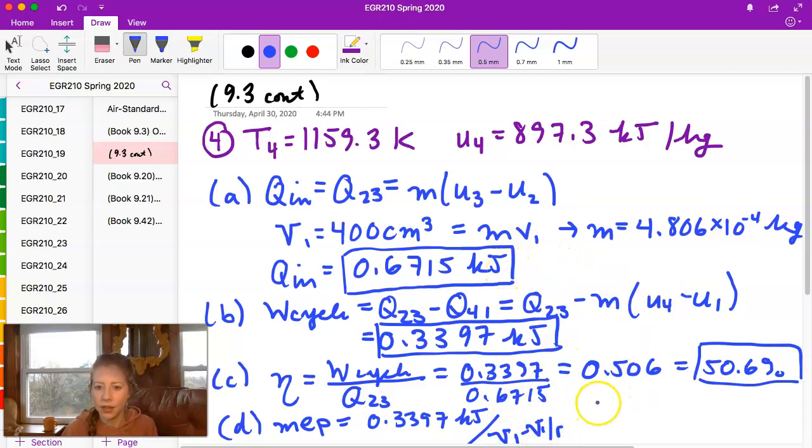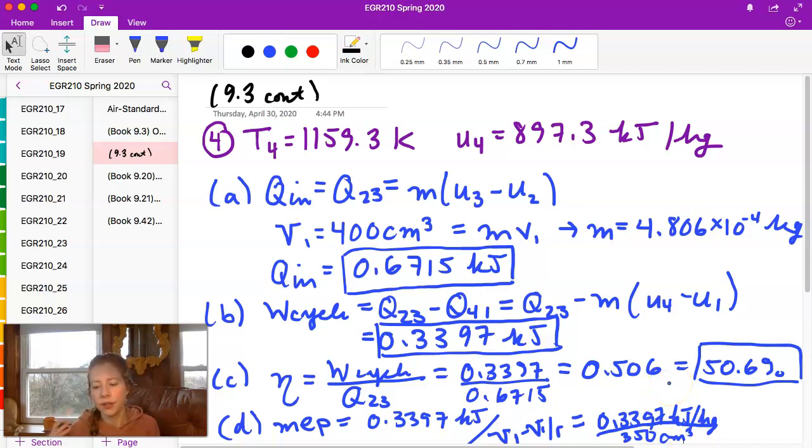And we get 0.3397 kilojoules divided by ultimately 350 centimeters cubed when we do this, and we have to convert. So remember, there's 100 centimeters in a meter, so cube that whole thing for a cubic meter. So to divide by that, we get 971 kilopascals, which is going to be 9.71 bar.